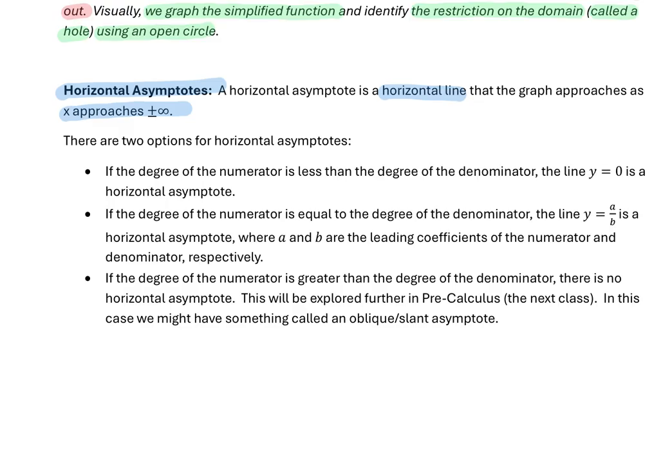There are going to be two options for horizontal asymptotes. The first one is, we look at the degree of the numerator and the degree of the denominator. If the degree of the numerator is less than the degree of the denominator, then we have a horizontal asymptote at y equals 0.